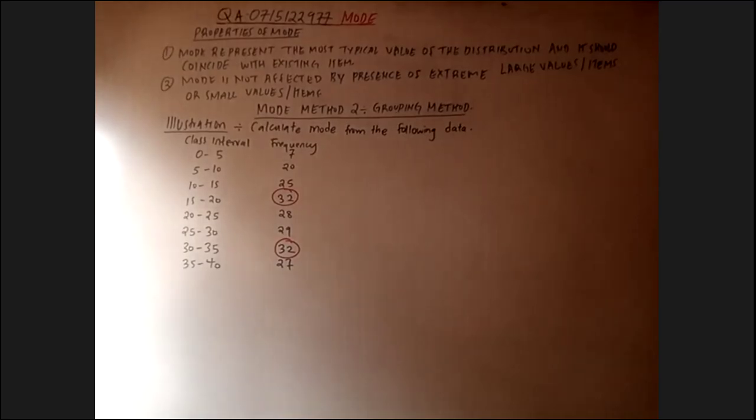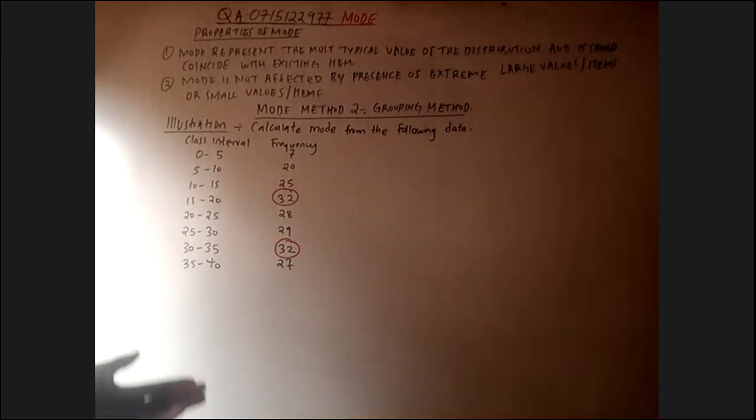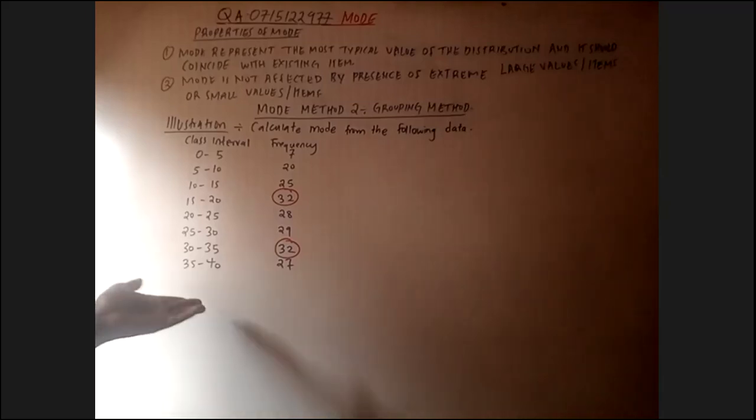So remember that is the grouping method. In that situation, for continuous data, this is how you do it. For non-continuous data, or the individual series, you just pick by observation, and our mode is 32 by observation.